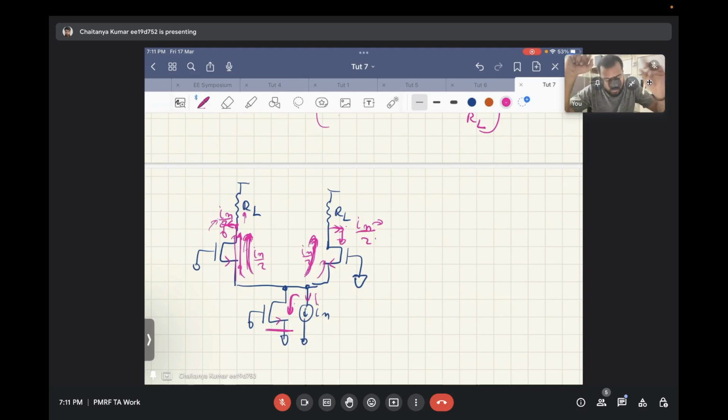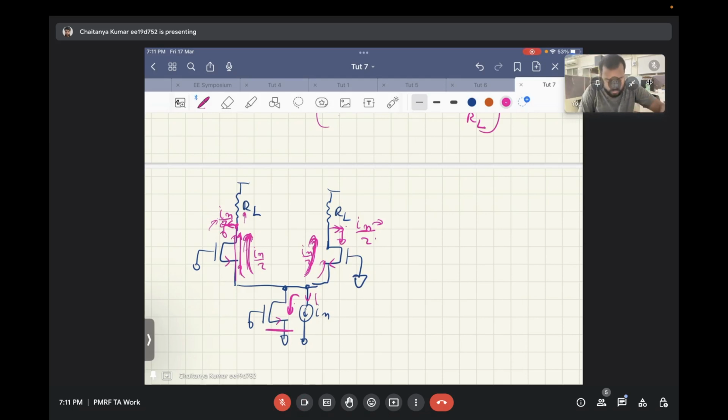Previously they were uncorrelated, so you added the power. Now these two noise sources are correlated. They are not uncorrelated, so here you will add the actual quantities and not the power. Here you will add the currents. Are you getting this point?